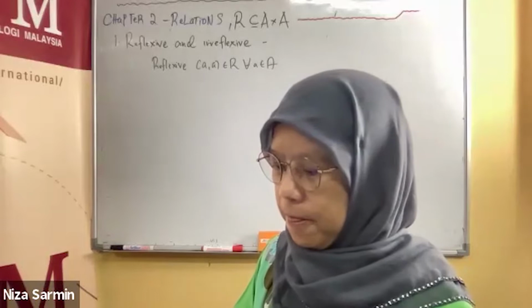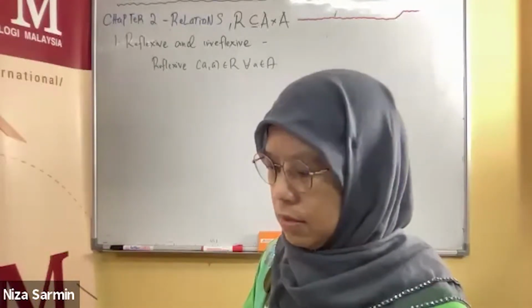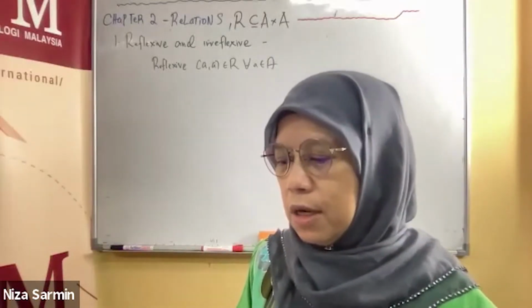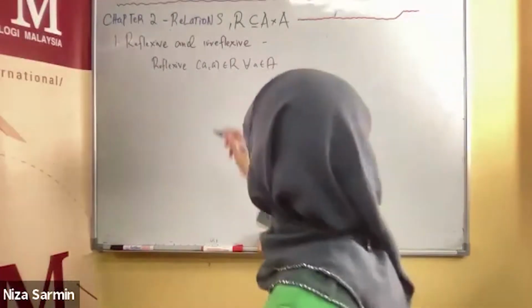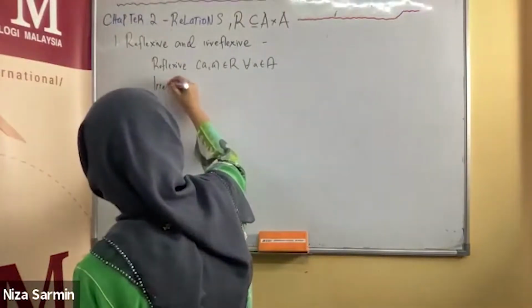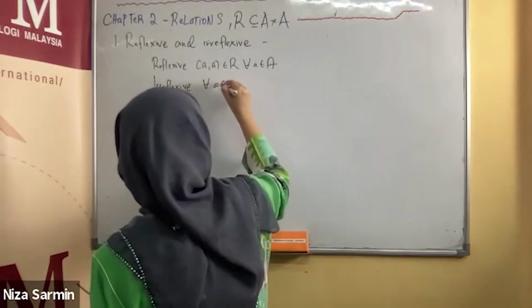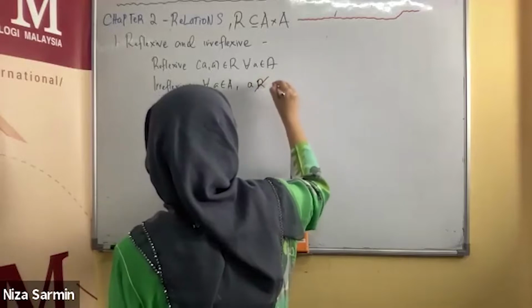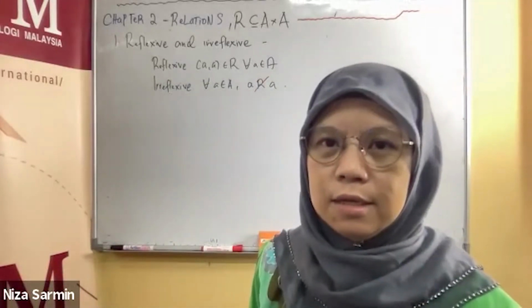Okay, next is irreflexive. There's something missing in the notes here. A relation R on a set A is irreflexive if for every a in A, a is not related to a.